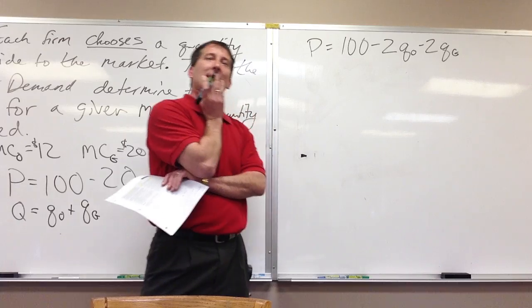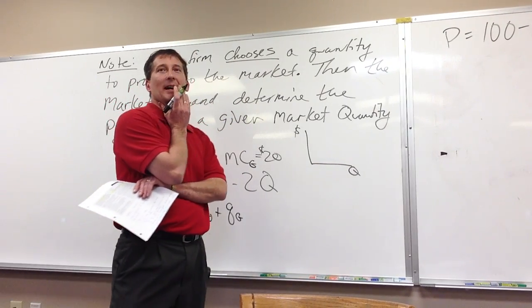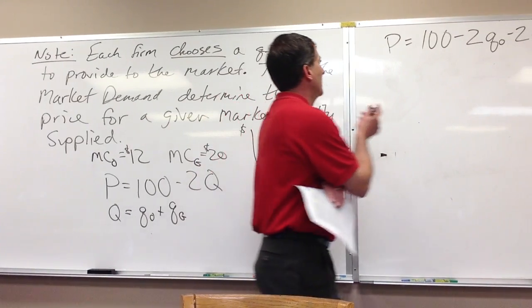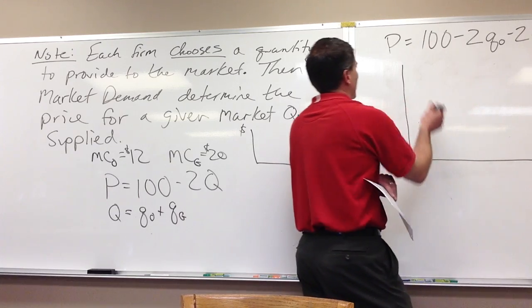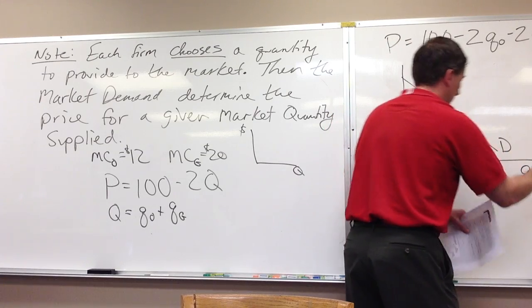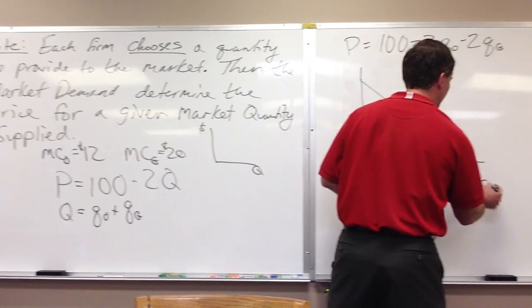Now, what would the firm's demand curve look like if we were to pick off the individual demand curve? So imagine doing this. We're trying to find the demand for, I guess we'll take Oil Tech.